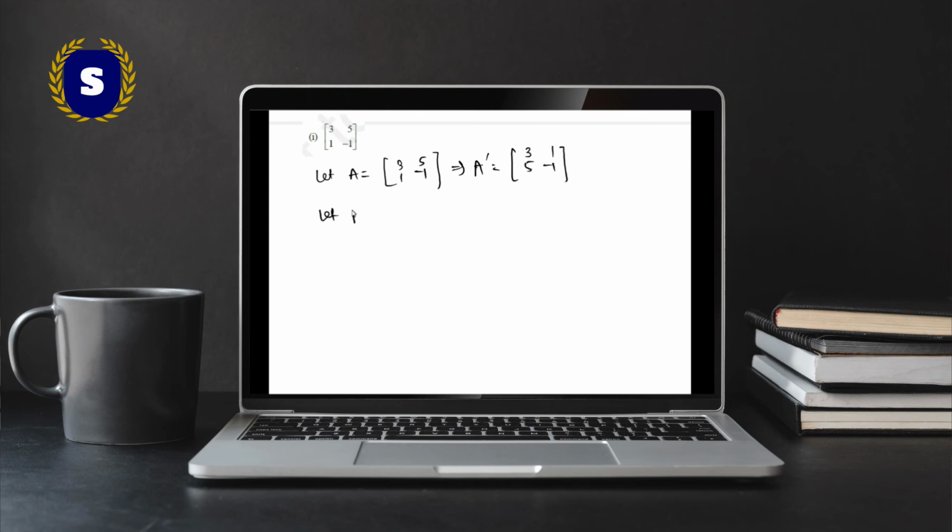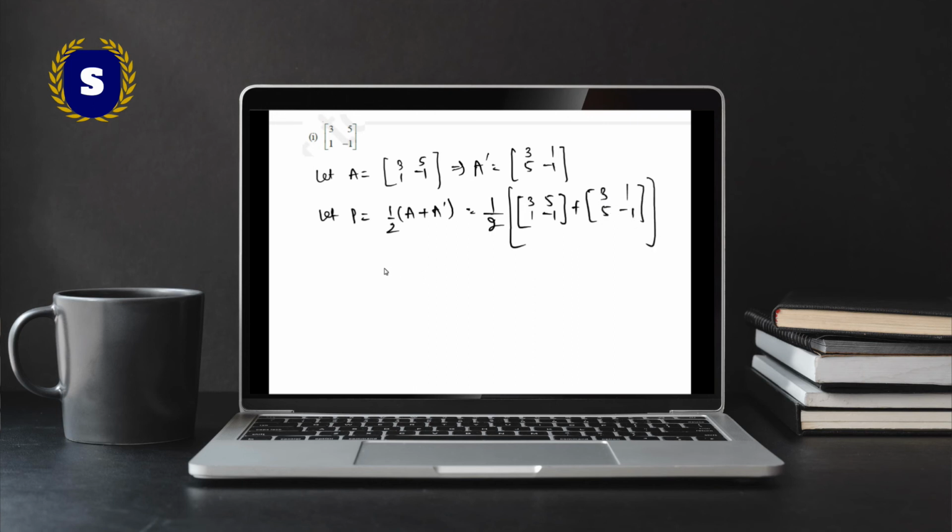Let a matrix P be equal to the half of A plus A transpose, that is the half of matrix A, 3 1 5 minus 1, plus 3 5 1 minus 1.